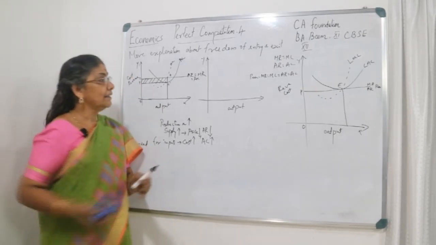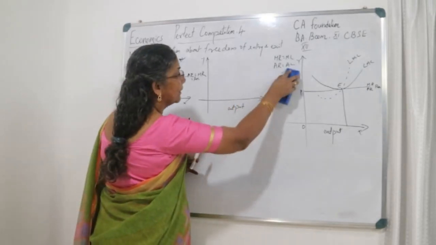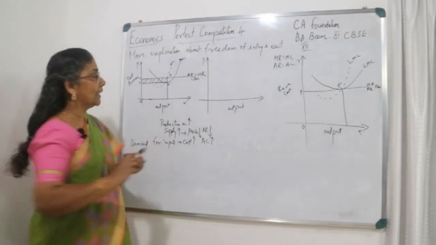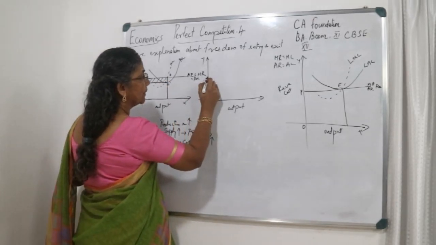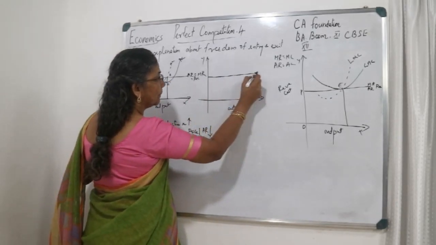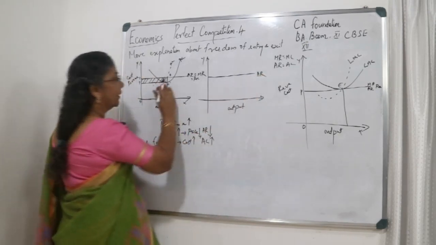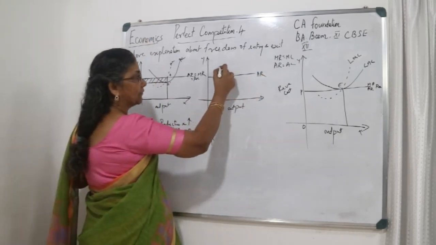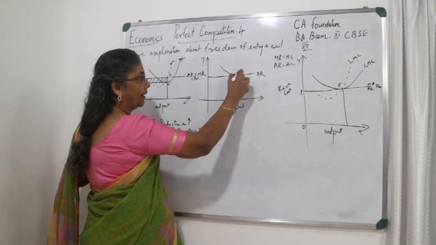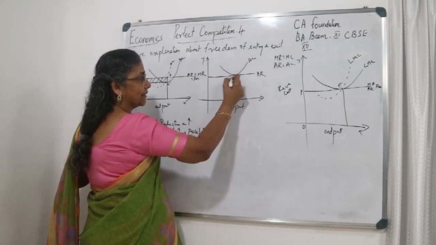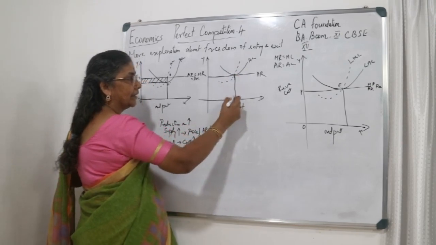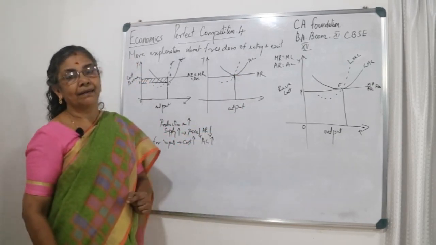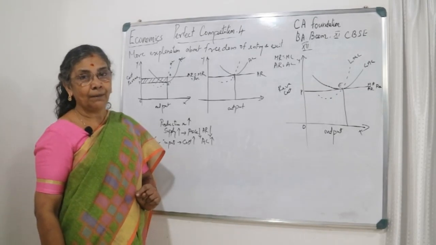That is happening here. With the help of the diagram itself, we can see this revenue curve is coming down and the cost curve is shifting upwards. See that, and in the long run they will make only normal profit.